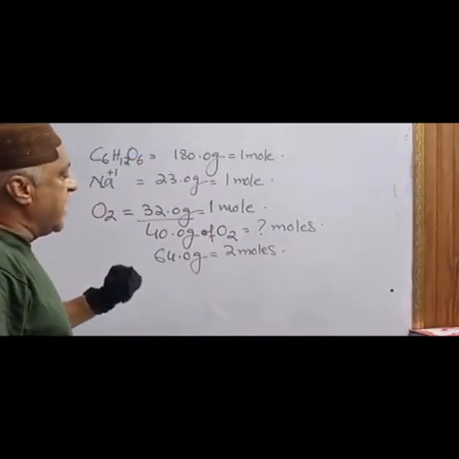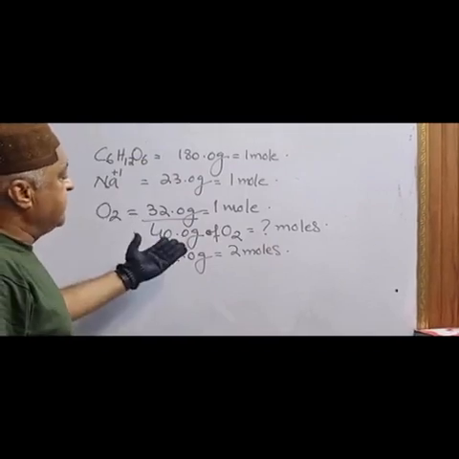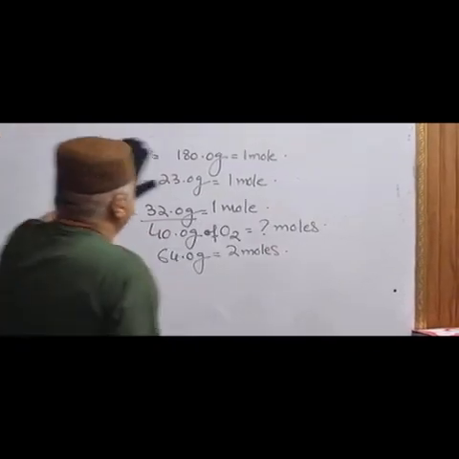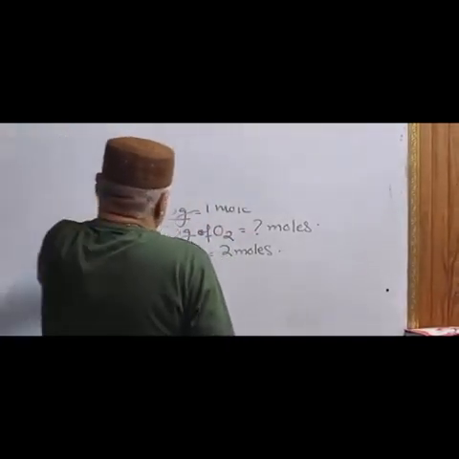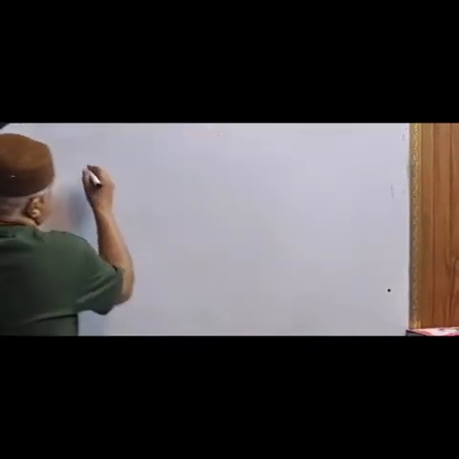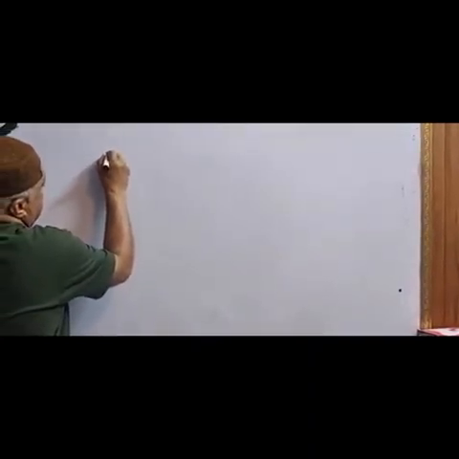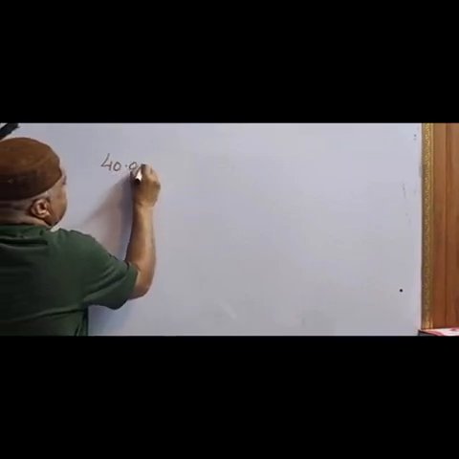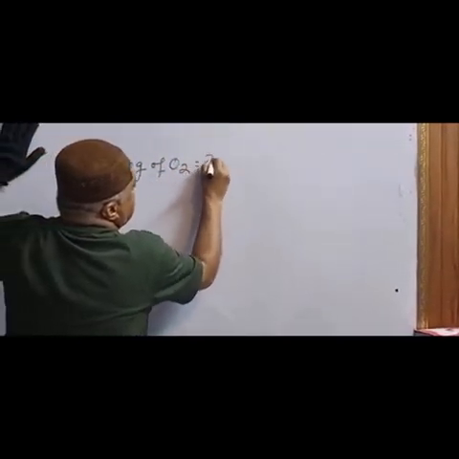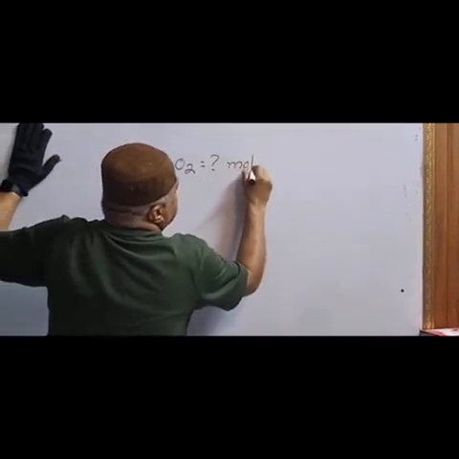So how to calculate gram from moles or moles from gram? Simply, the question is: 40 gram of oxygen is equal to how many moles?